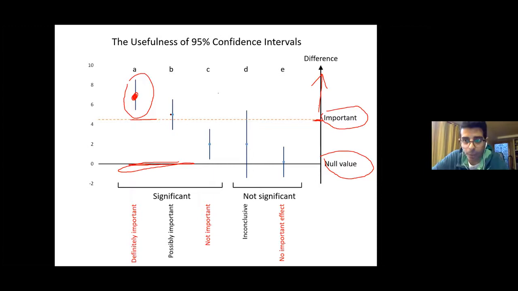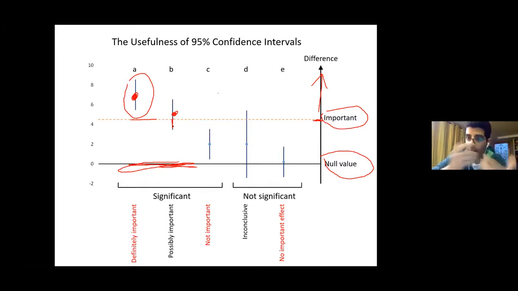Let's do the second one. The second one is slightly a bit more complicated. Now, we can still agree that it's significant because it's not touching the mean. However, the effect size is a little bit trickier. The mean does go beyond the effect size, but it has some values that are under the effect size.